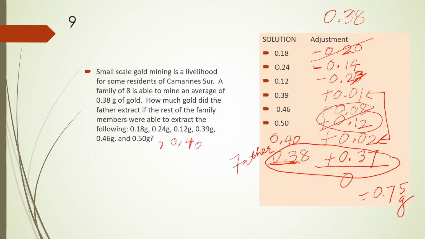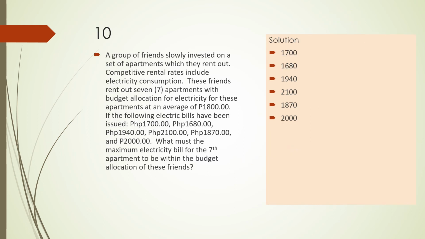Now for number 10, what do we have in here? We have a group of friends who slowly invested on a set of apartments which they rent out. And to provide competitive rental rates, they have included electricity consumption in the rent for each of the 7 apartments.